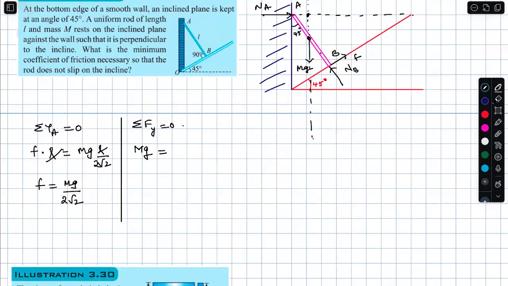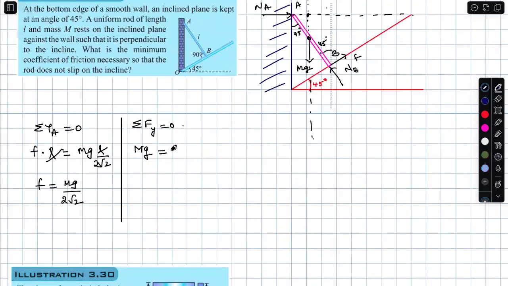You imagine a vertical line over here. Vertical line over here. This is 45. This is also 45.